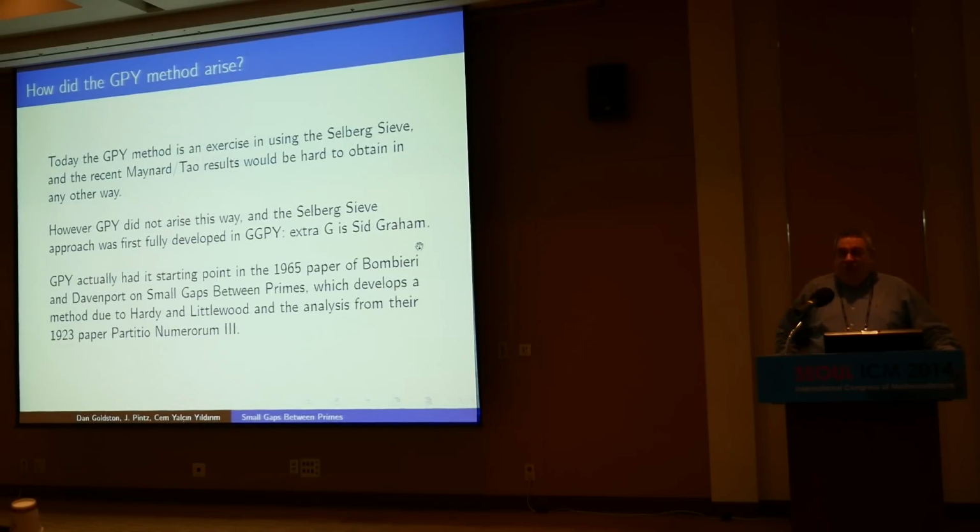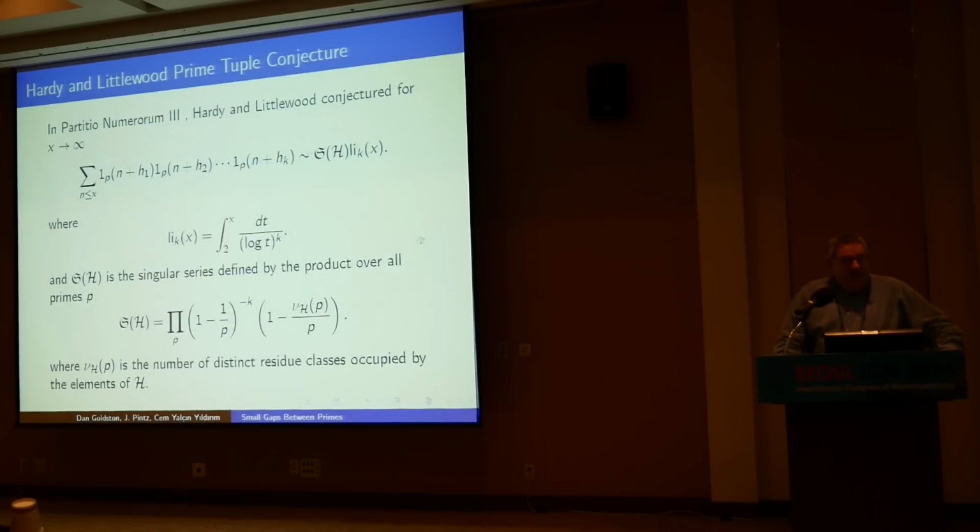And the GPY method actually came out of a 1965 paper of Bombieri and Davenport on small gaps between primes, which actually came out of the original work of Hardy and Littlewood in 1923, and some unpublished work that they did. So in that 1923 paper, they made some conjectures like this first one, which is the prime tuple conjecture. It says that you can get an asymptotic formula for the number of times that n plus h1, n plus h2, and so on, are simultaneously prime.